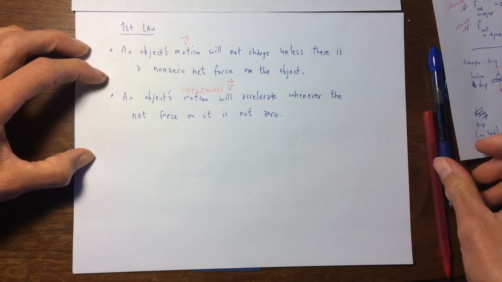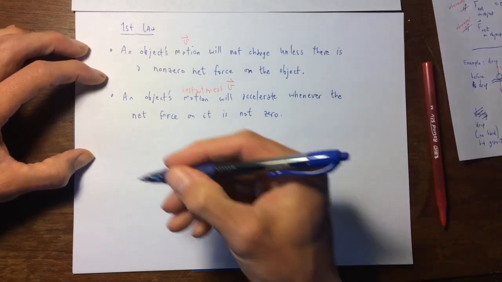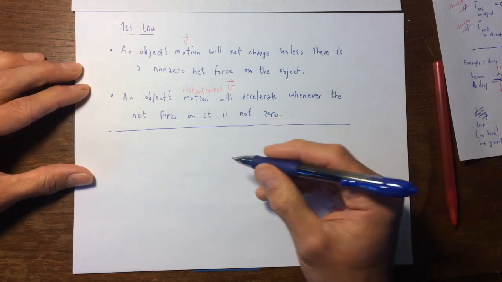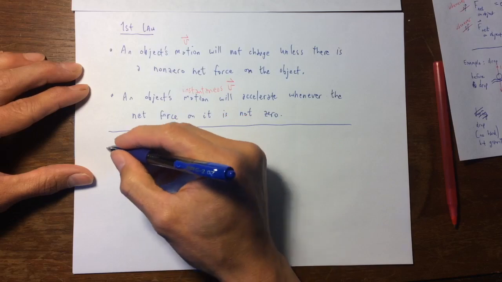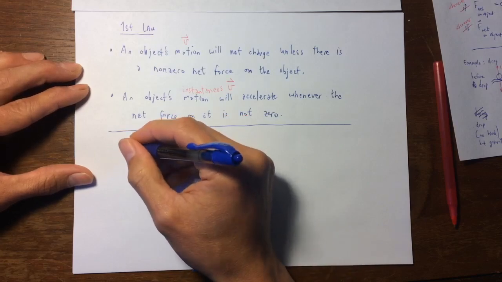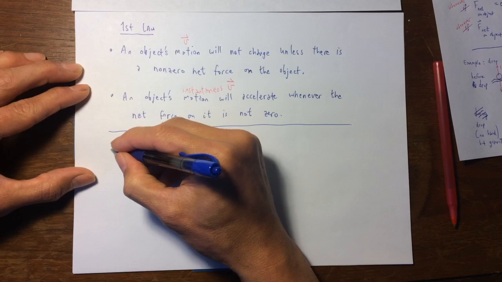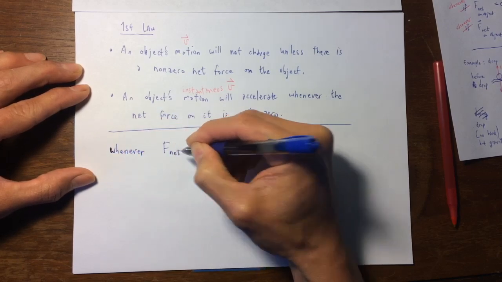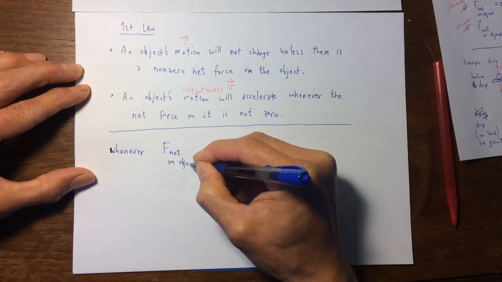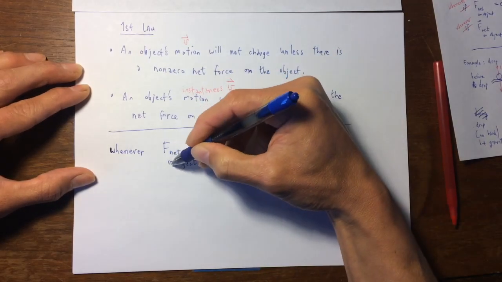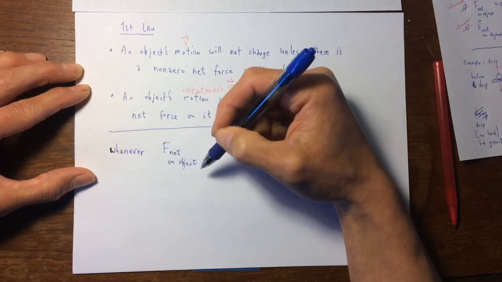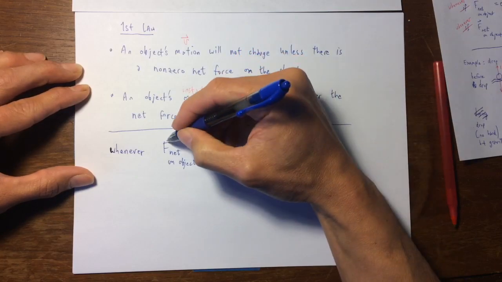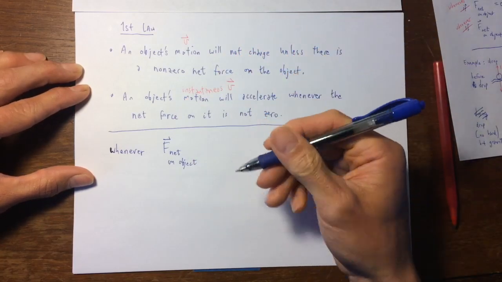So very quickly, we can translate into this slightly more mathematical looking language. Why not? Because we're physicists and it's fun to have some math around. Whenever the net force on the object, and this little subscript here is just description, we're talking about the sum of the forces acting upon a particular object. This is a vector quantity.